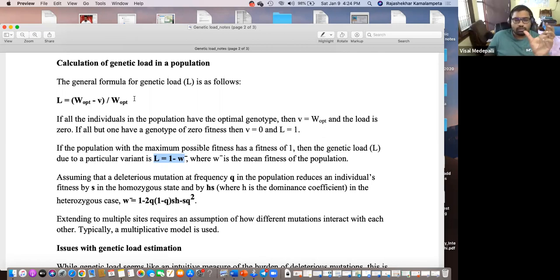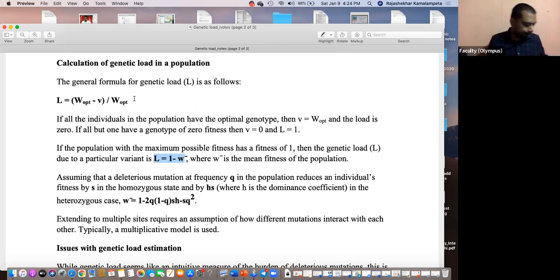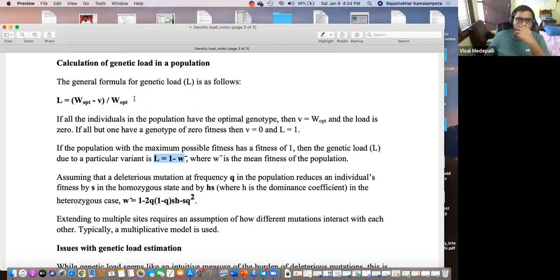What I meant to ask is, what would be, say, the value range of W? Not that it matters, but 100%. We just say fold value. 100% fitness, 50% fitness compared to something. Okay, this is a relative value, right?